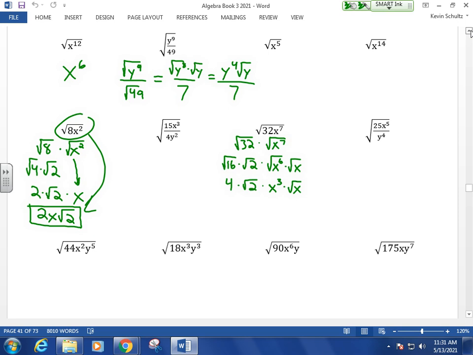So, putting it all together, again, what's outside of the root goes together outside of the root, 4x cubed. What's inside of the root goes together inside of a root, 2x. So I've got 4x cubed out in front, root 2, root x, root 2x. And there's my final answer.